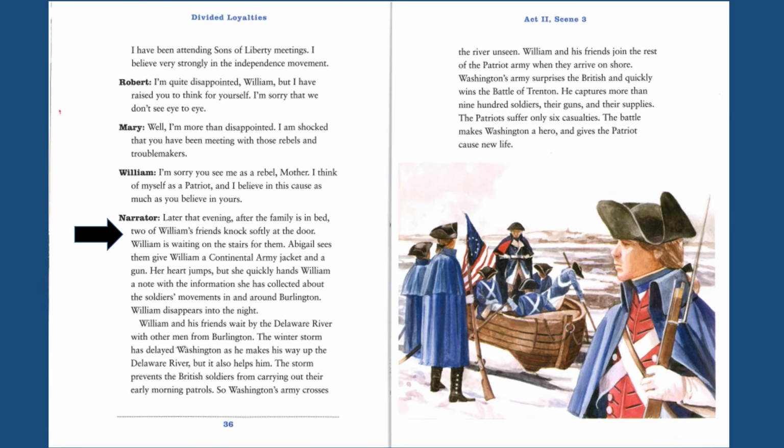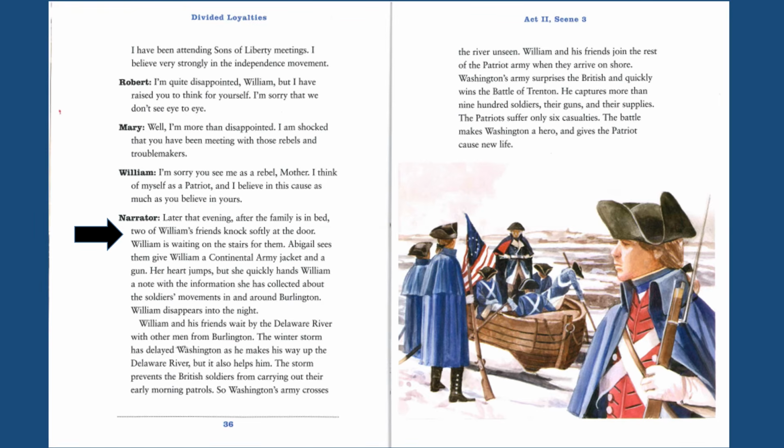William and his friends wait by the Delaware River with the other men from Burlington. The winter storm has delayed Washington as he makes his way up the Delaware River, but it also helps him. The storm prevents the British soldiers from carrying out their early morning patrols. So Washington's army crosses the river unseen.